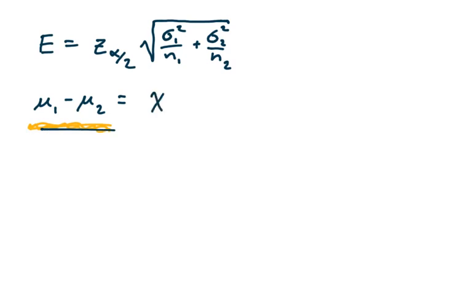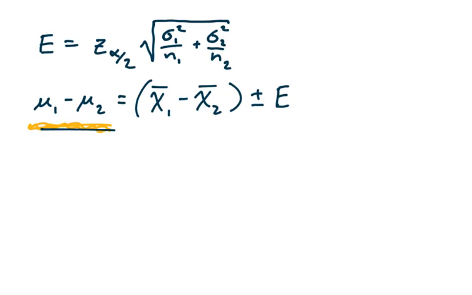So the difference in the population averages is going to be whatever that difference for the sample averages was, plus or minus the margin of error.